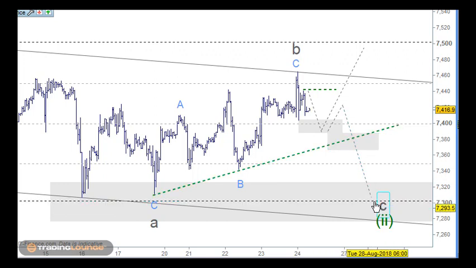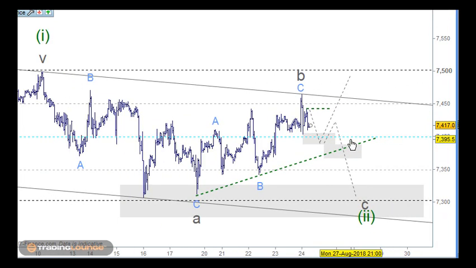But I just want to point out that this 50-60% box here, and the group 2 within here, will play out quite strongly in this space here. So you need to be mindful of that. So it's going to vibrate in here for quite some time at this point here.